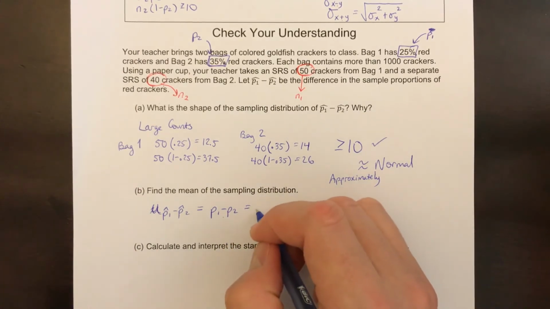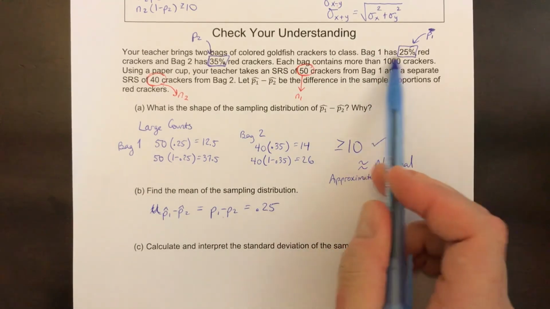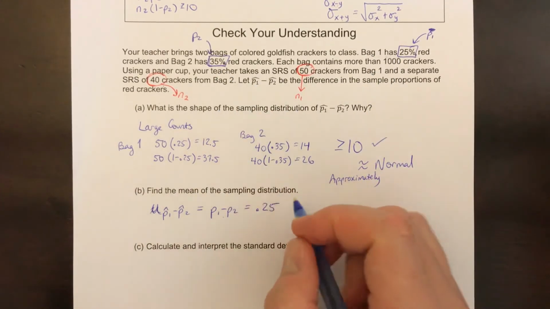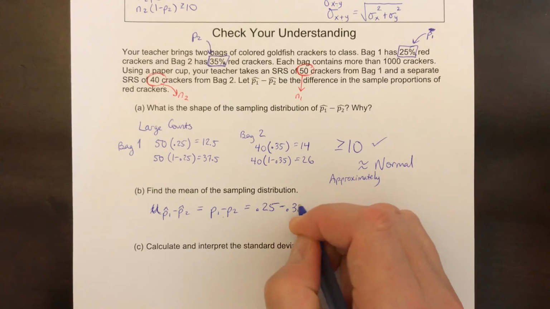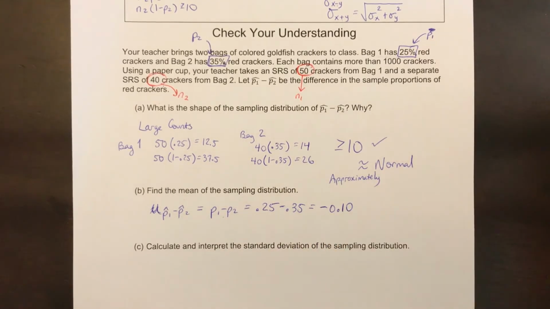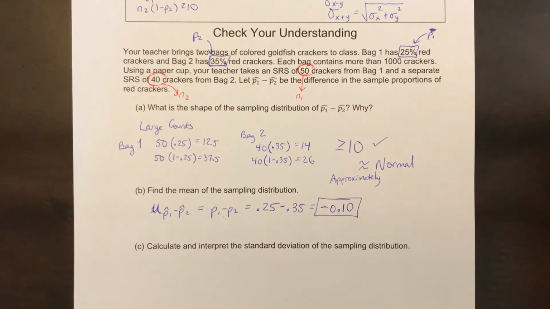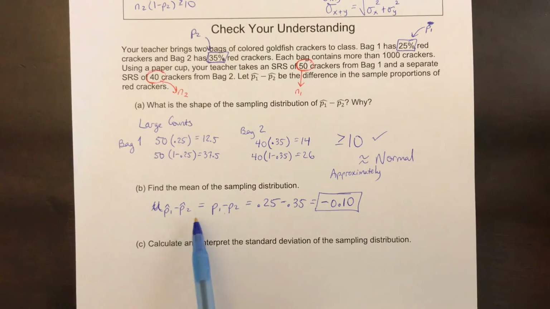So that would be 0.25 was the proportion in bag 1, and then the proportion of bag 2 is 0.35, so the difference will actually be negative 0.10. So that is the mean of the sampling distribution of the difference in sample proportions.